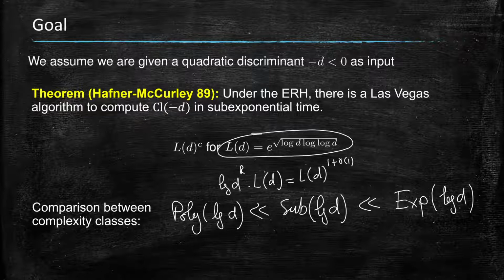So any logarithm, the power of a logarithmic term gets automatically absorbed in the small o here in the power of L of d. And likewise, if you have L of d to the c times d, this becomes automatically d to the 1 plus o of 1, again, by the same argument.